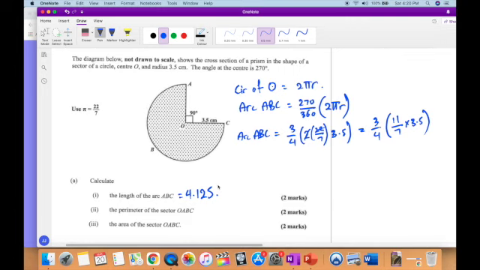Y'all seeing any mistakes there? No mistakes, right? 2 pi r, 22 over 7, multiplied by 2 is equal to 7. Y'all seen any mistakes there?